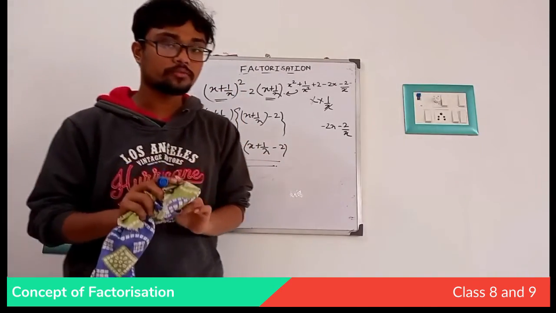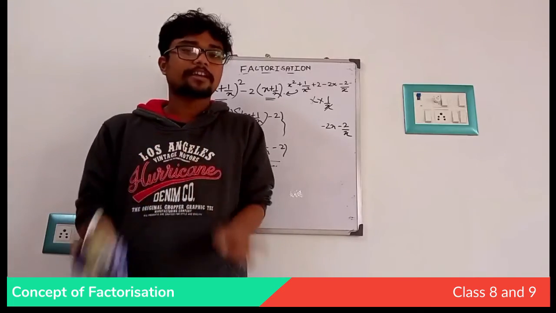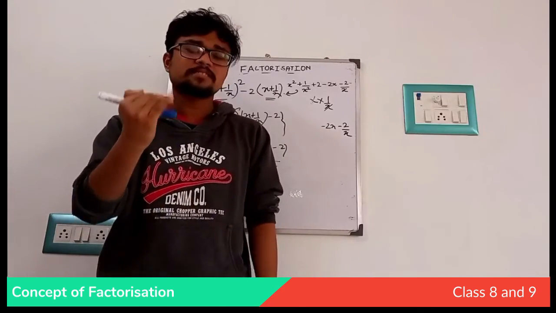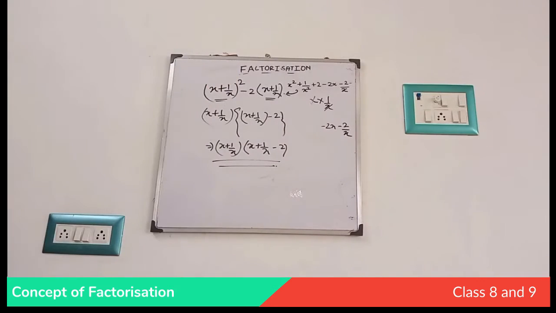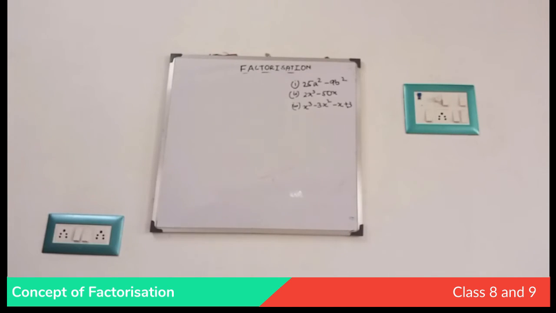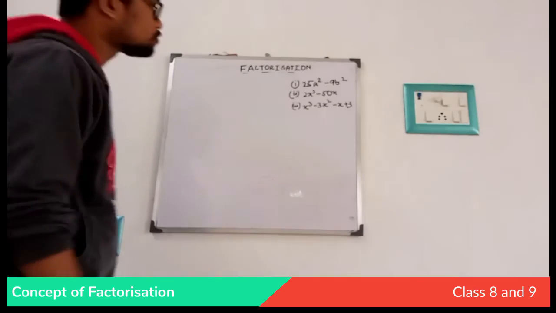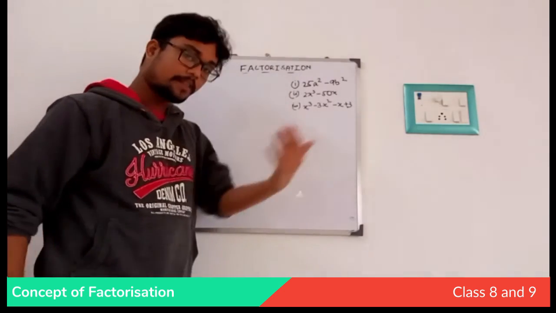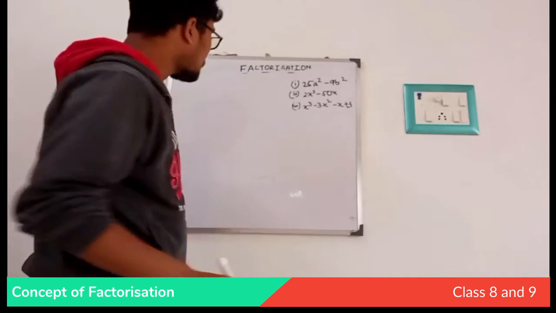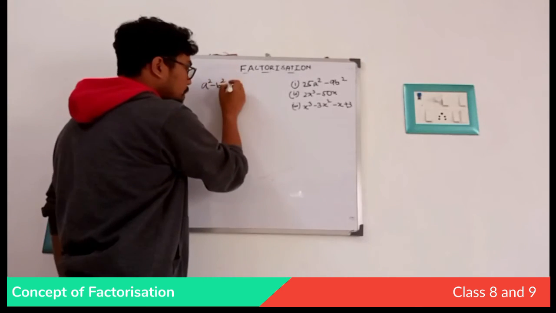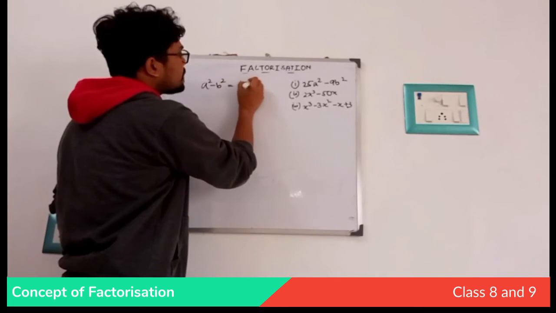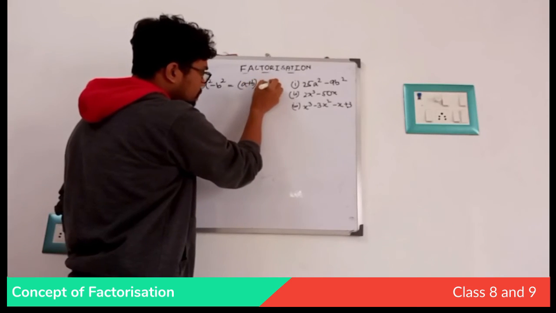Now I will show you a process of factorization where the a square minus b square formula will take a major role. The third process of factorization is based on this expansion formula, a square minus b square equals (a plus b)(a minus b).